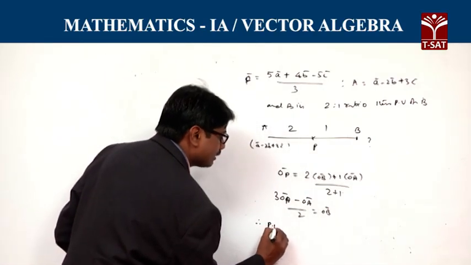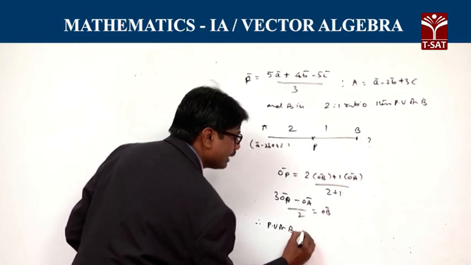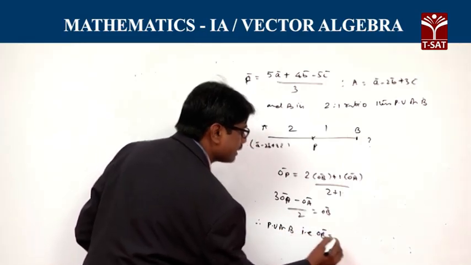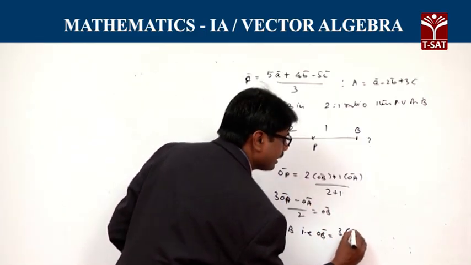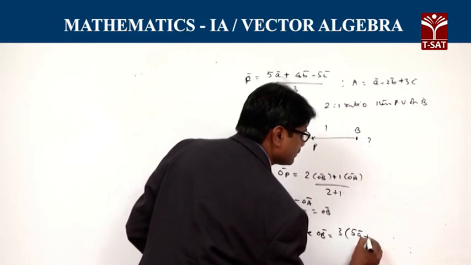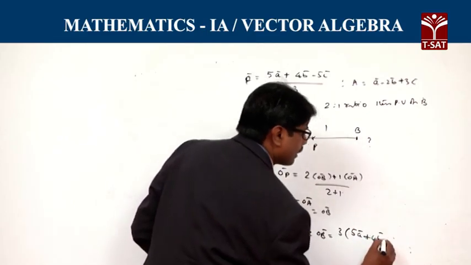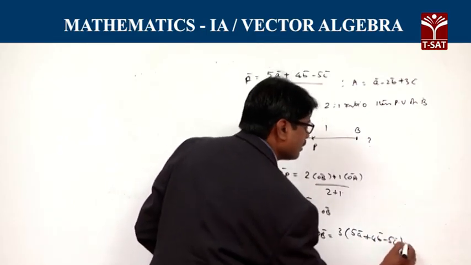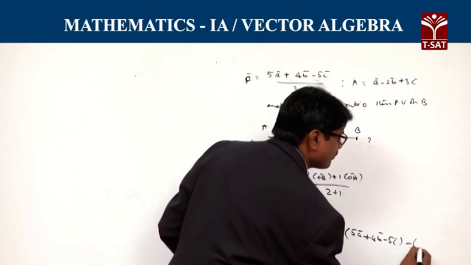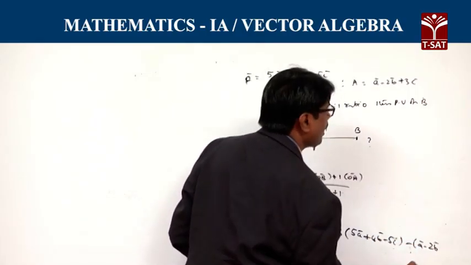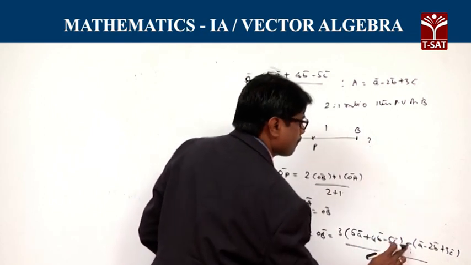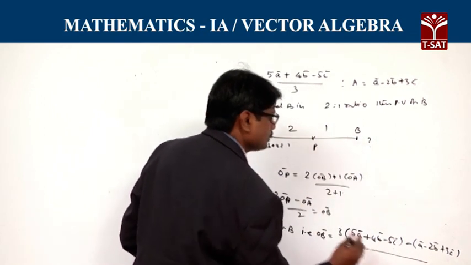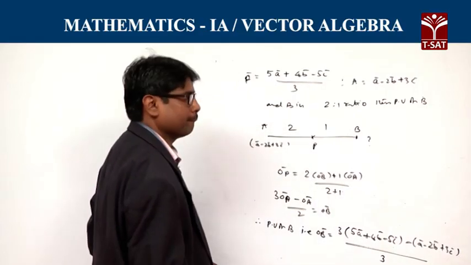Therefore, position vector of B, that is OB bar, is equal to 3 times of OP bar, that is 5 times of A bar plus 4 times of B bar minus 5 times of C bar, minus OA bar, which is A bar minus 2B bar plus 3C bar, and divided by 2 plus 1, that is 3.